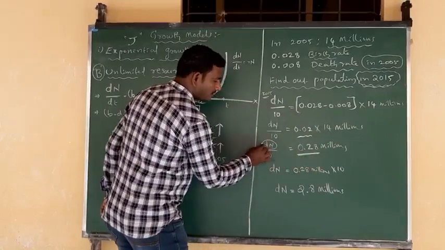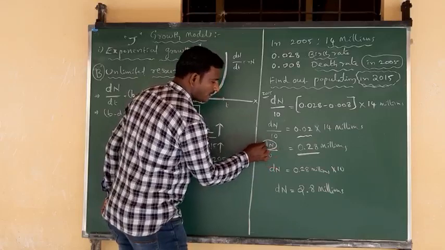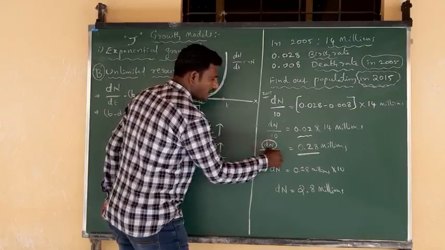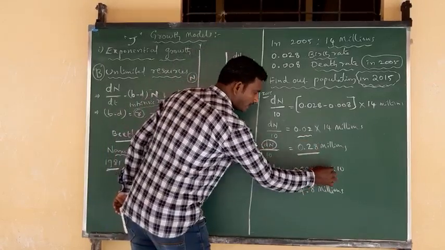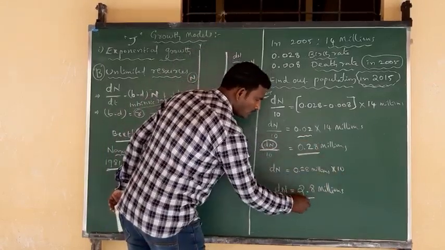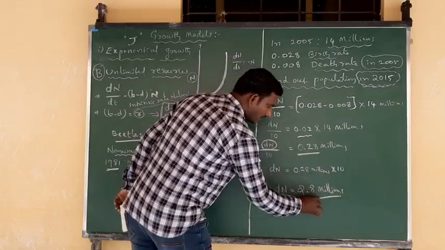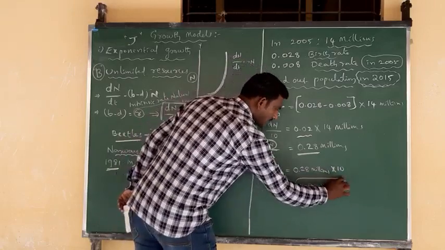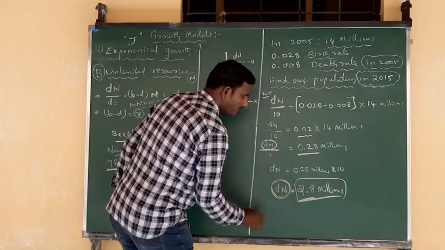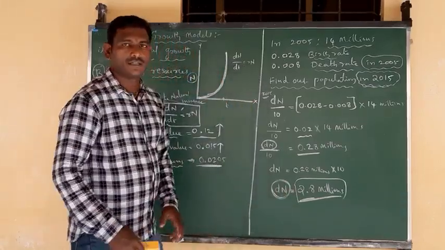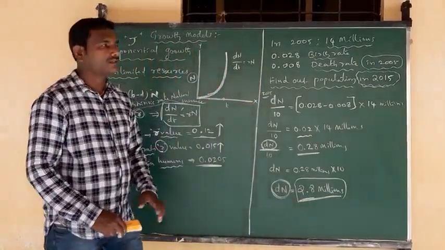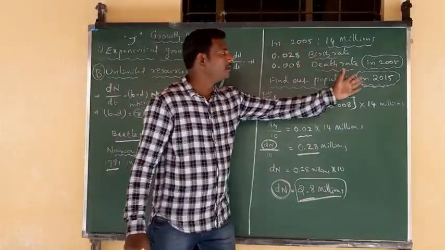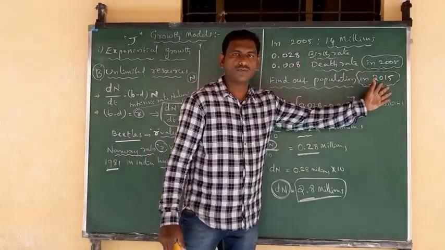So we have to find out dN. If this 10 goes to the other side, it becomes multiplication, so 0.28 into 10 is 2.8 million. 2.8 million is the dN value. Within 10 years, the growth is about 2.8 million. They gave 2005 and are asking for the 2015 population.